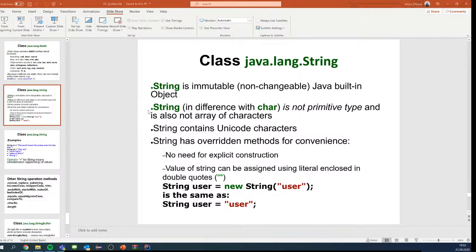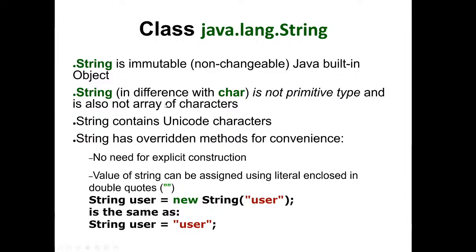Let's move on with the presentation. As I already mentioned, it's immutable. It contains characters of type char, but it's not a primitive type, and it's also not an array. It's an object.